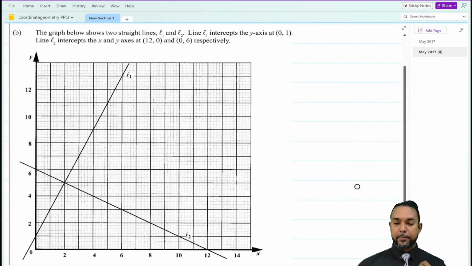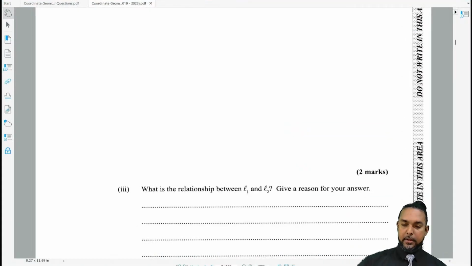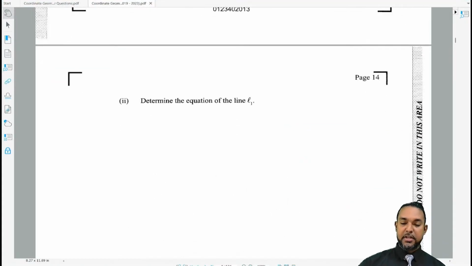For part 2 of the question, which I bypassed temporarily, they're asking us to determine the equation of line L1. The equation of a straight line is the relationship between the x and y coordinates.